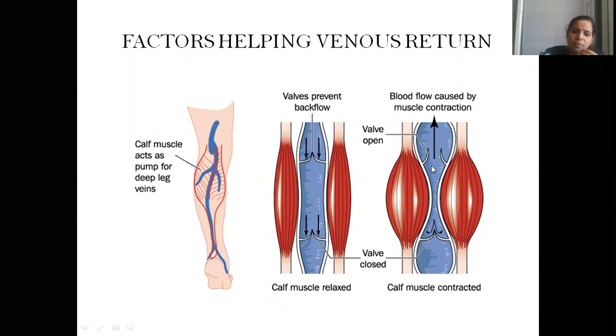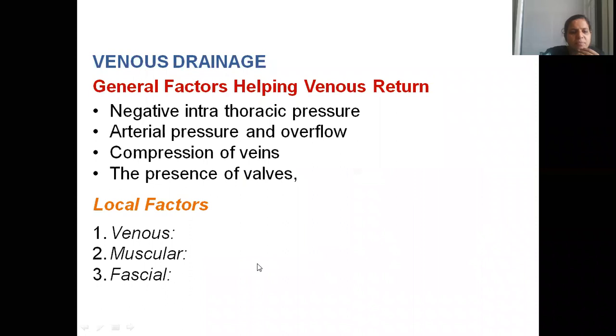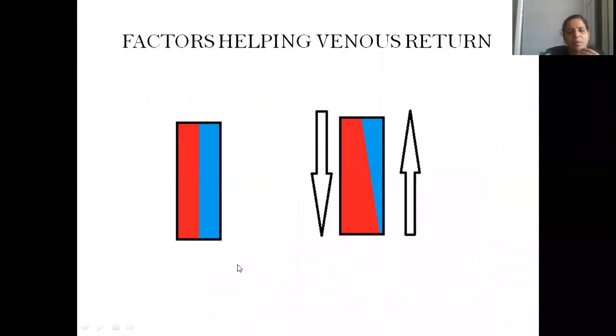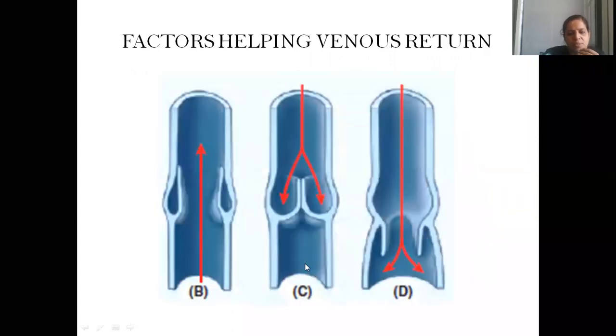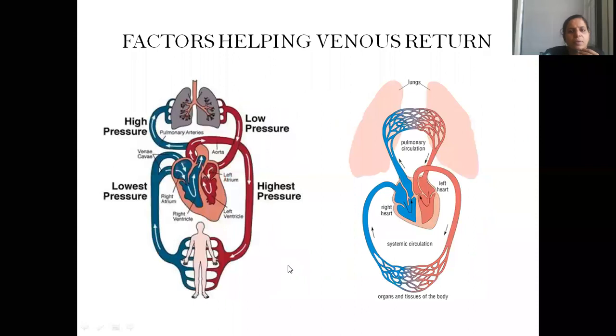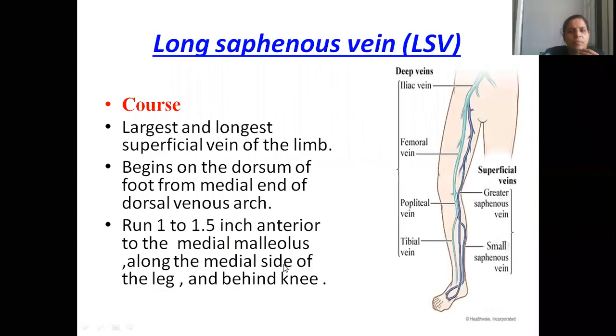Again, when the muscle is relaxed, this will close immediately, so that the blood which is pumped up should not come back. These are the factors which help in venous return. All these are not required. You can just see how this is being facilitated.